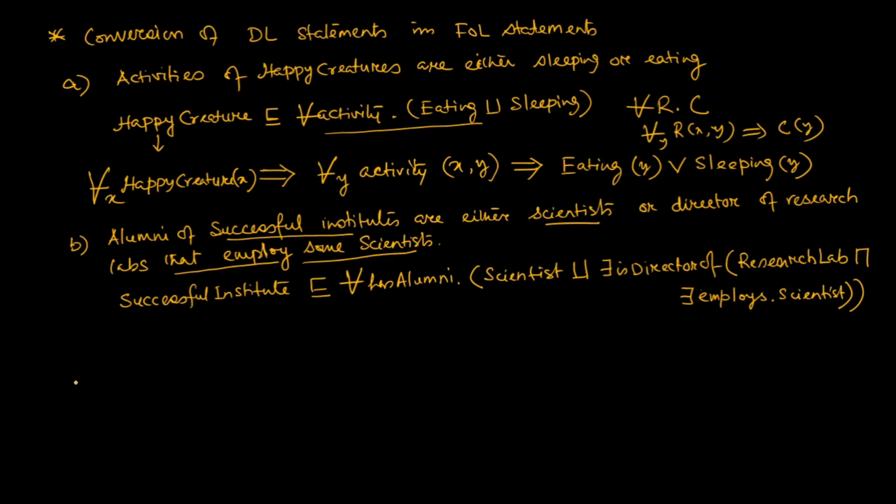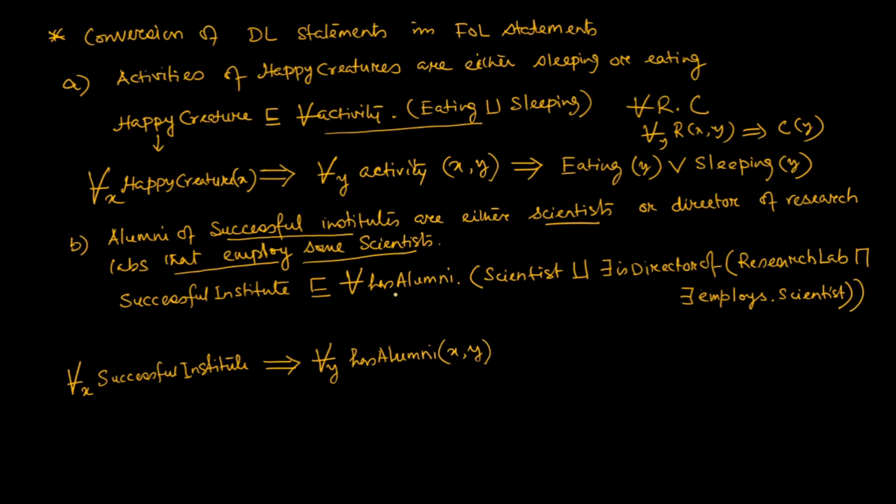So you'll be writing for all x, successful institute implies, for all the alumni, if X has an alumni Y, so what does that mean?